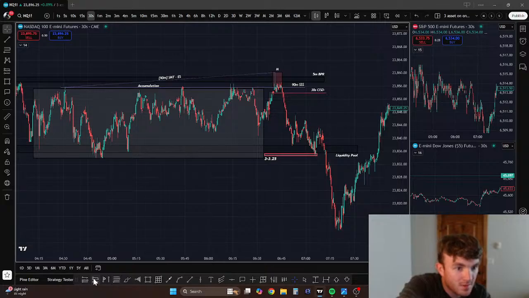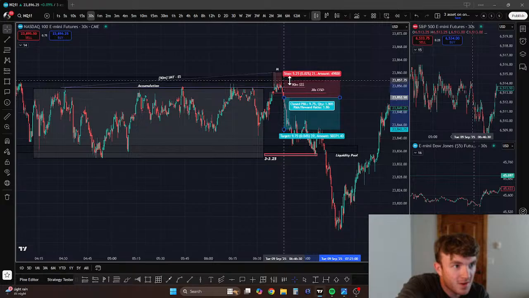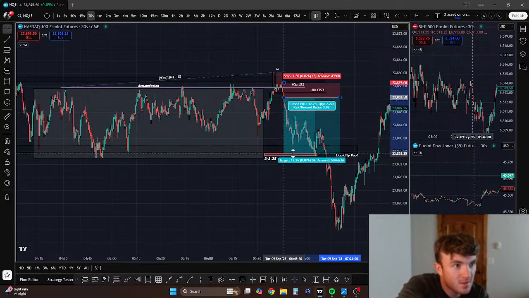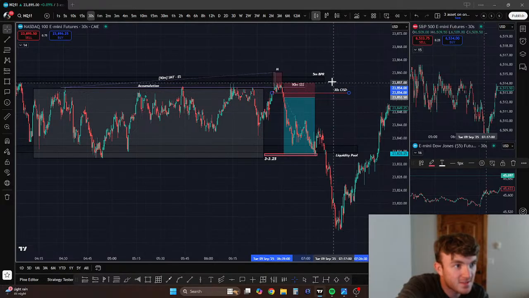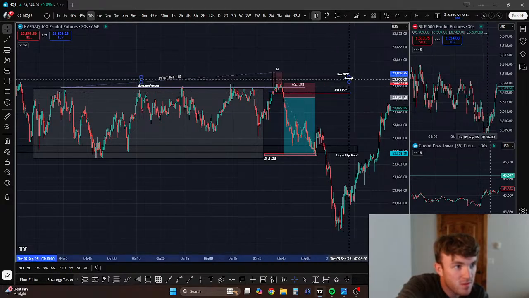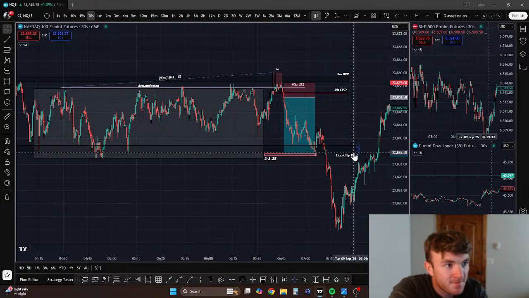And then enter right here. Actually, this is more than 3R. This is 3.8R. That's clean. That's clean. Wow, that's clean.